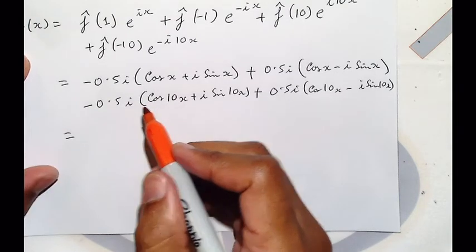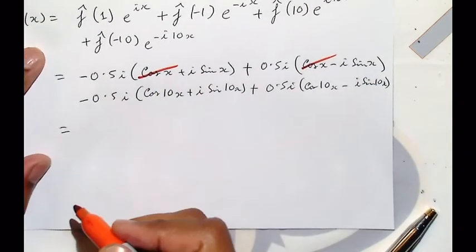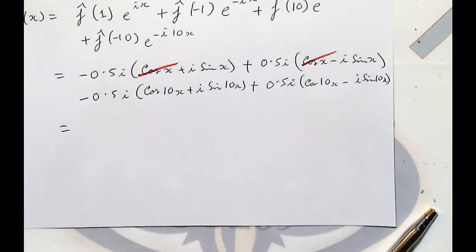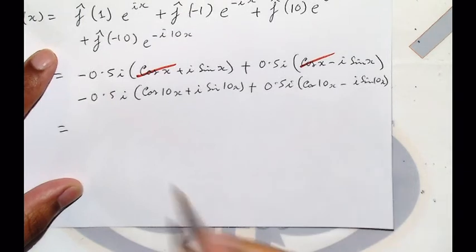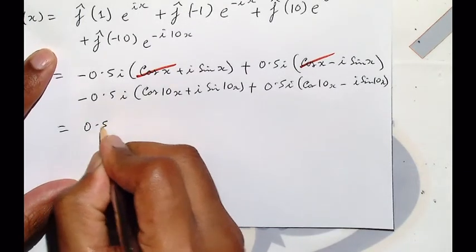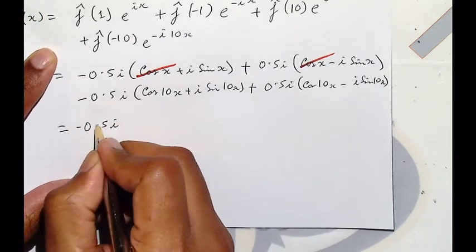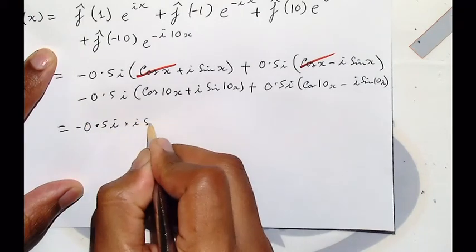You can cancel the cosines. So, sorry, sin positive x. 0.5 sine x, because i times i is negative 1. Let's write it out for one case, just so it's clear. 0.5 times i sin x, right?